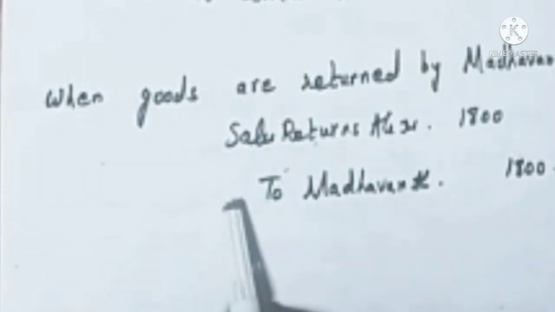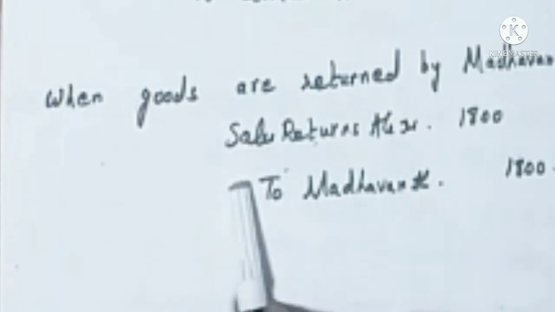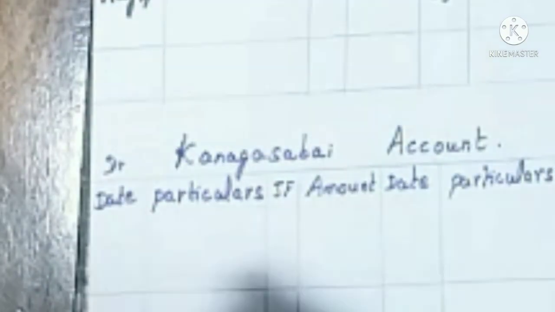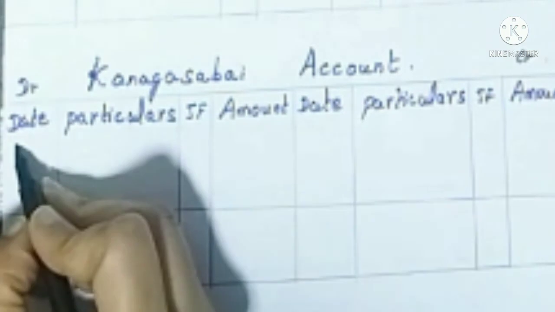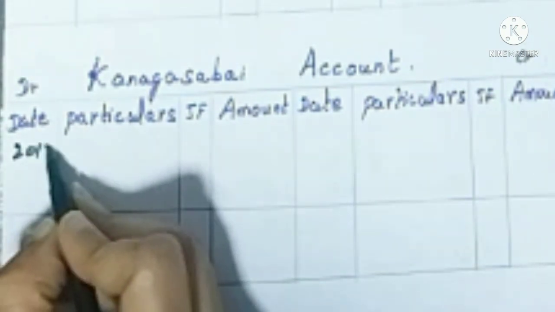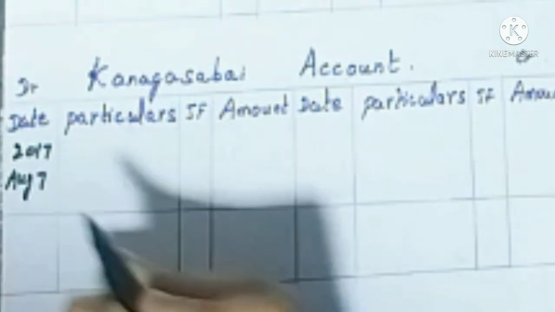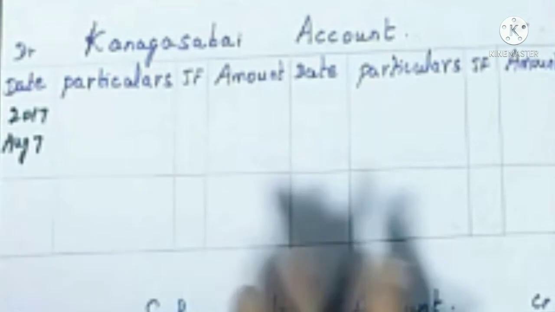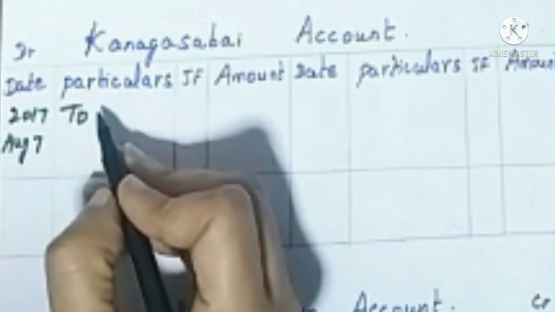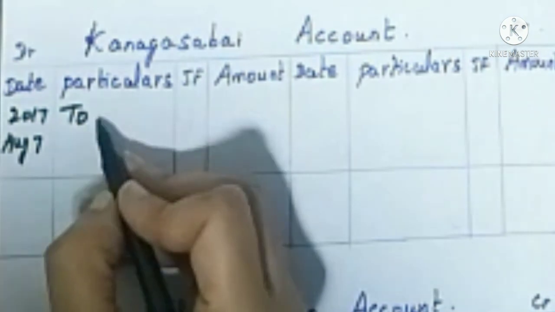As far as these transactions are concerned, the goods are sold only to Kanagasabai. Therefore, while preparing the Kanagasabai account, we write it on the debit side of Kanagasabai to sales account. Date 2017 August 7, to sales account 7,500.